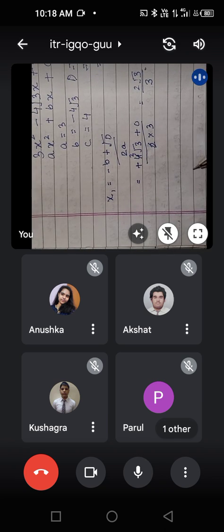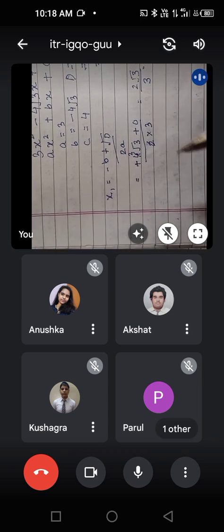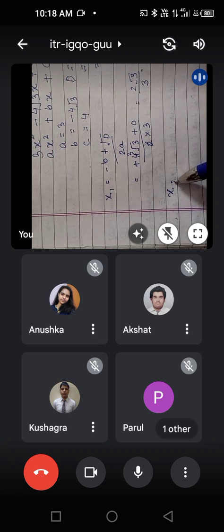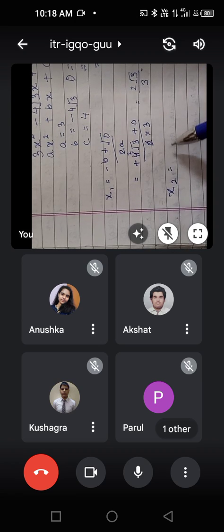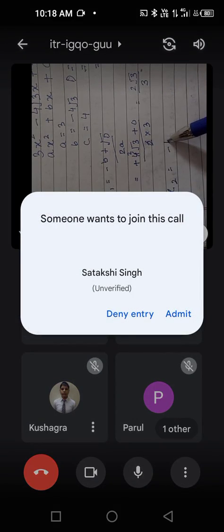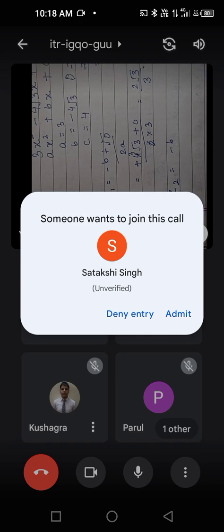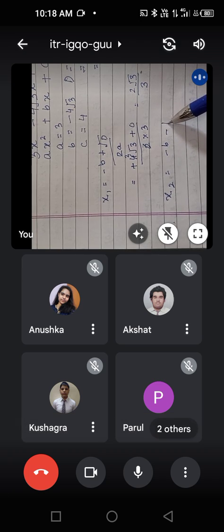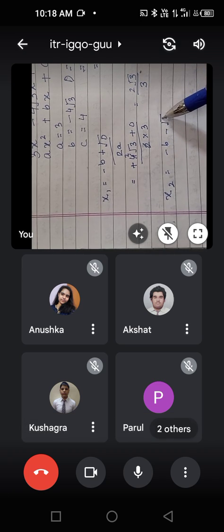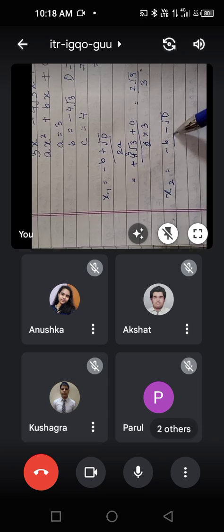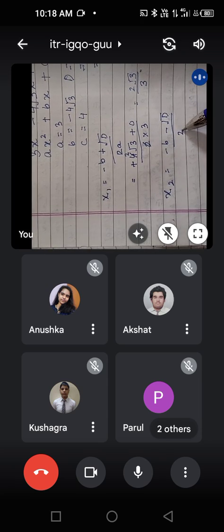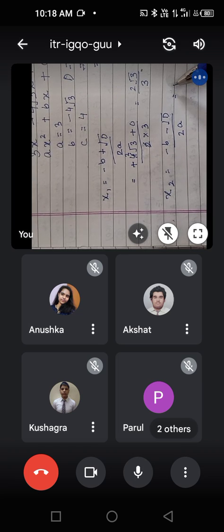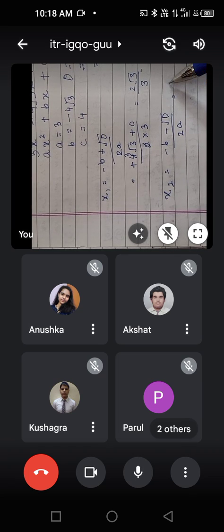And the second root, that is x2, you have to find out. x2, that is the second root, is minus b minus root D upon 2a, that is again the same thing.